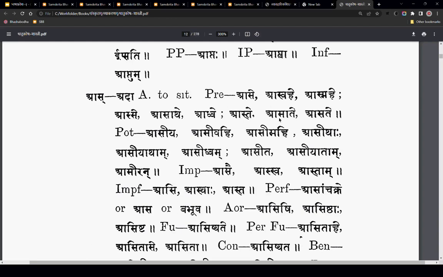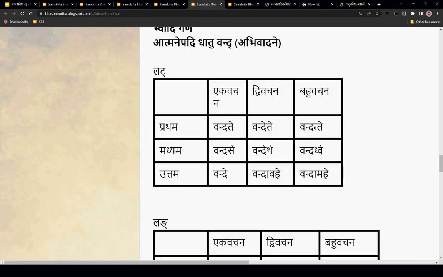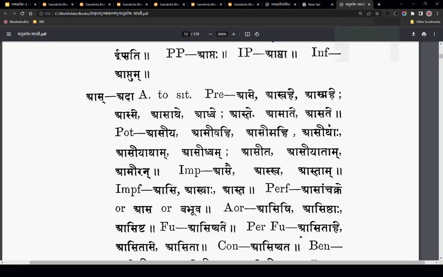So there are some minor differences or changes within the Atmanepadi and Parasmaipadi. Within them also there is a little difference in the ending, but you will find endings like te, te. Everywhere you may not find ante, like where you see vandante.